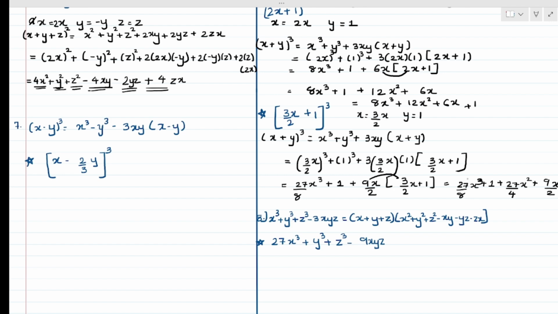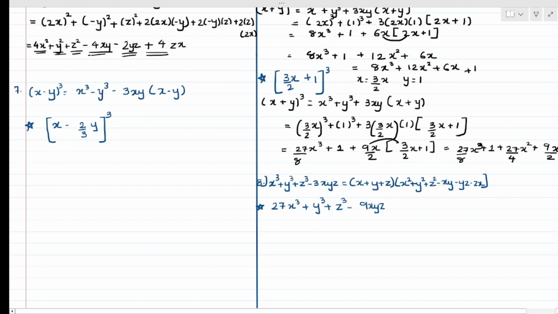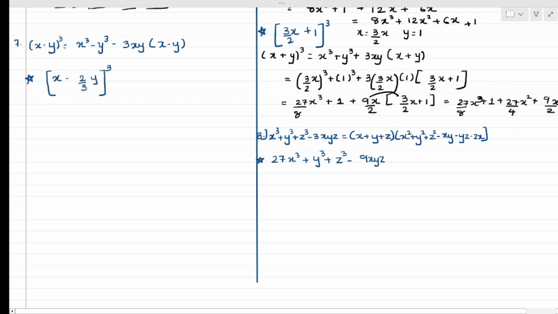Moving on to our next identity, which says the reciprocal of this. First we saw x plus y. Now we are seeing x minus y the whole cube. What does this identity say? This identity says x minus y the whole cube equals x cube minus y cube minus 3xy times x minus y.